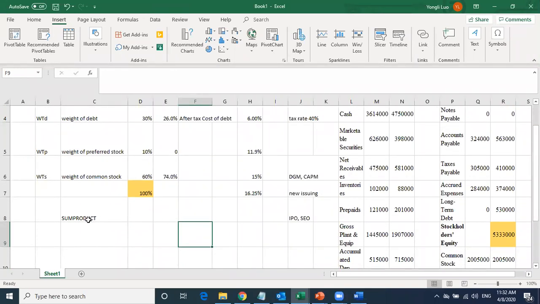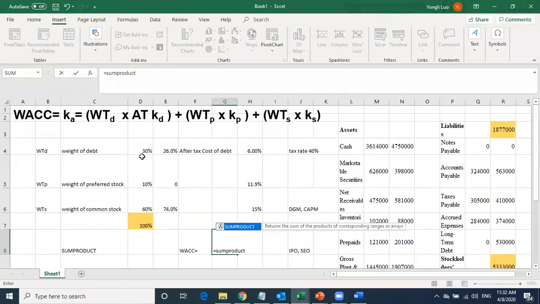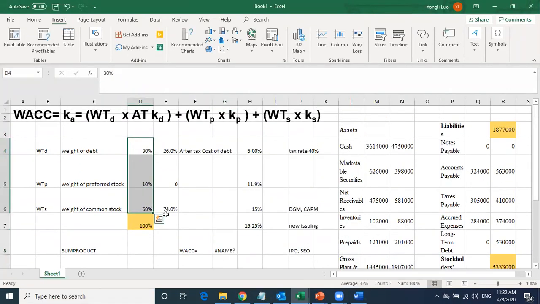So the WACC is equal to SUMPRODUCT, and you select the weight of the different types of capital.